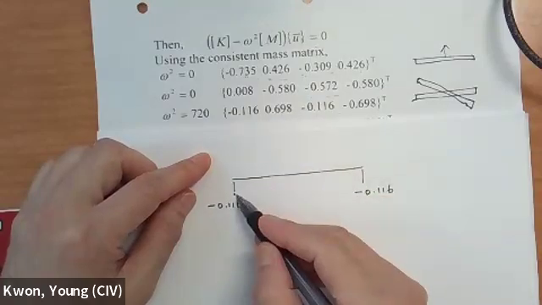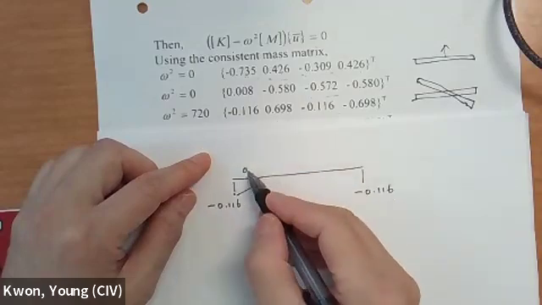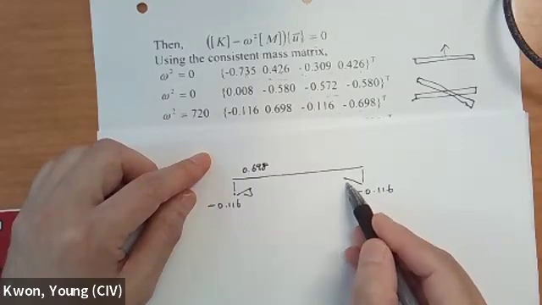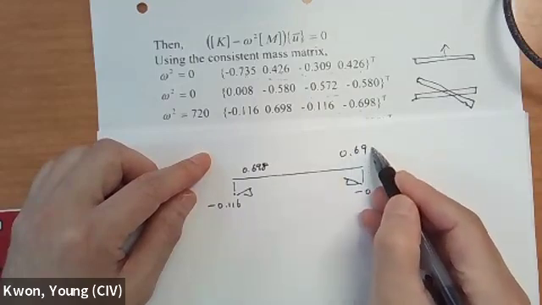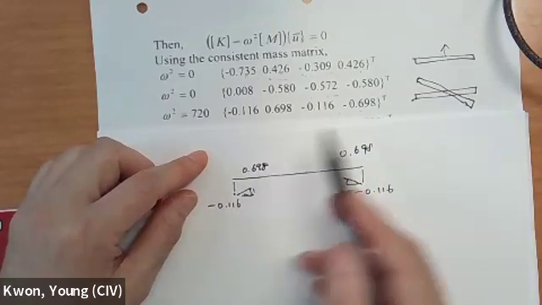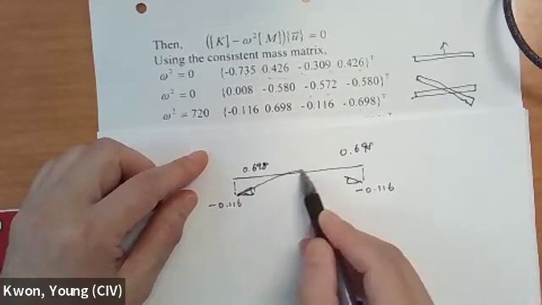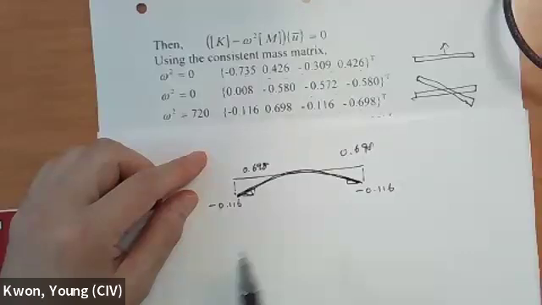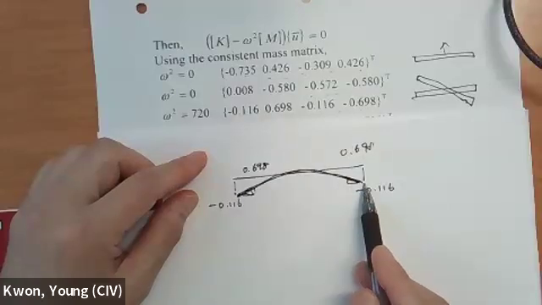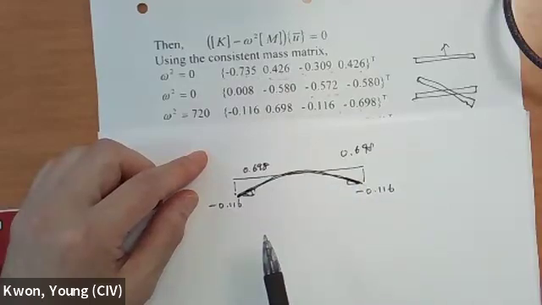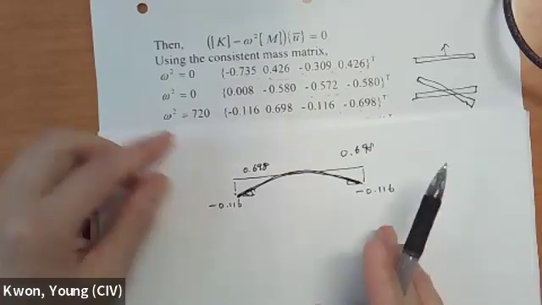You got a slope positive 0.698, this slope, and this slope has a negative 0.698. So actually the same slope but opposite direction. So if you plot this one again using the shape function, it's going to be like this. So that's the first non-zero mode shape, like a half sine curve. Make sense? So the mode shape makes sense.